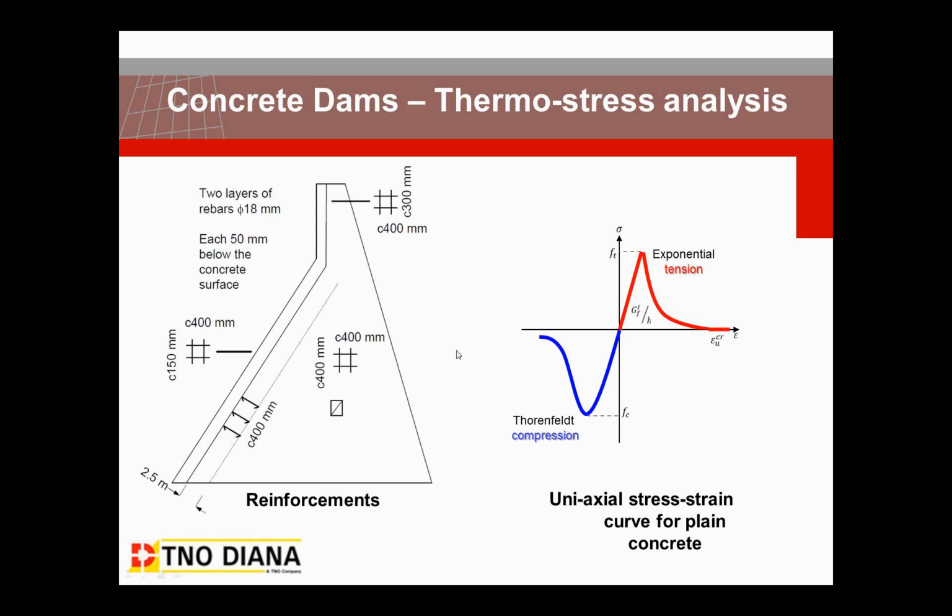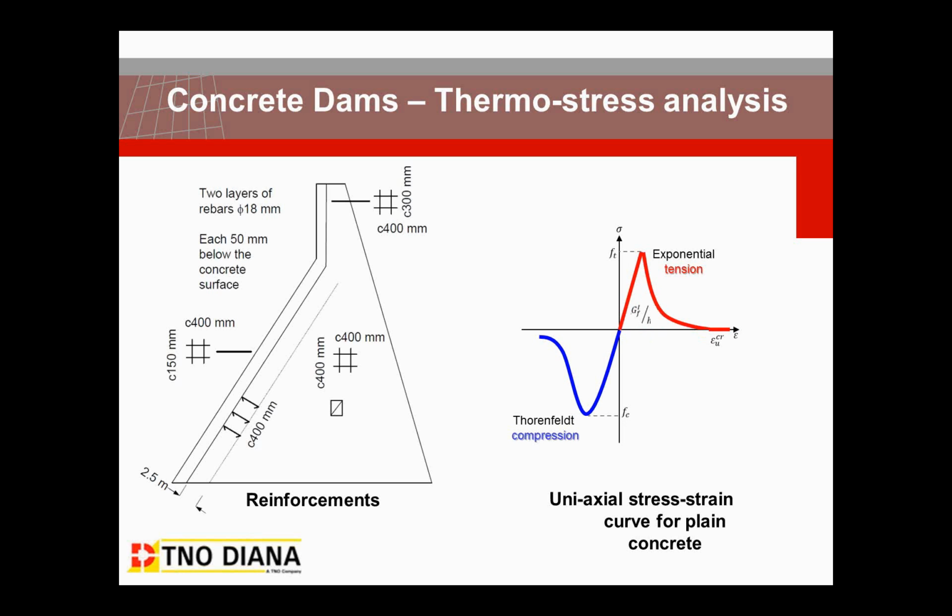You do that by defining a uniaxial relation for the concrete. Here you see the uniaxial strain axis and the stresses, and the material behavior can be defined by a compression curve, here of Thorenfeldt type, or a tension curve, exponential softening here. This is the crack energy that can be taken by the concrete.